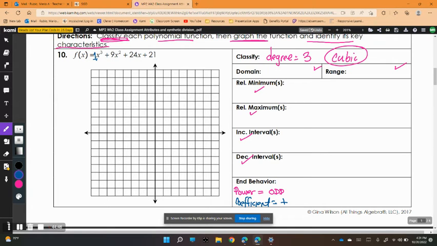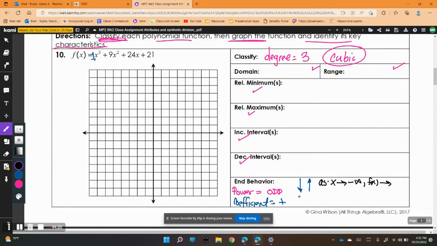And what does that give us? Odd power, we know that one arrow's going to be up and one's going to be down. But which way? Since the coefficient is positive, our behavior is going to be left down, right up. And remember, we have this fancy way of writing it. As x approaches negative infinity, which is the left side, the function approaches what?